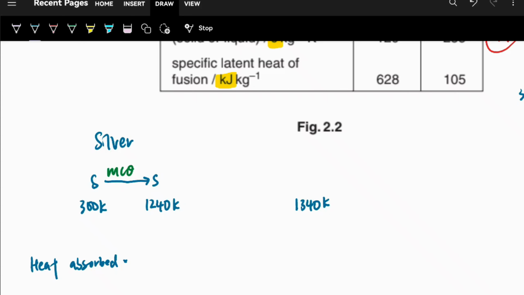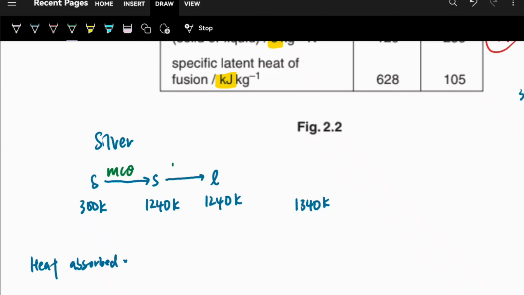And after this, what happened? It has already hit the melting point. And this is where you have a change in phase, but no temperature change. And this is what we call specific latent heat of fusion. Still 1240 Kelvin, but got phase change.